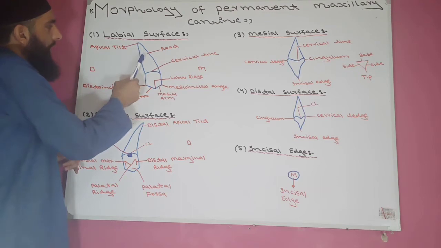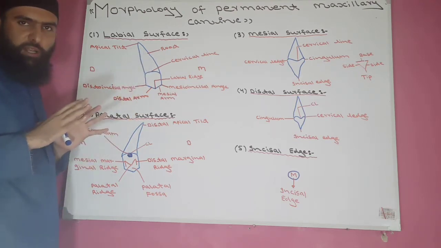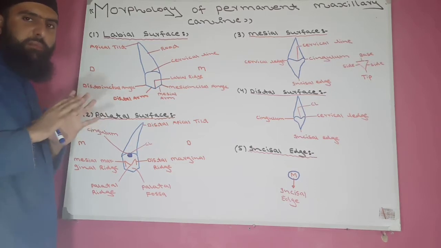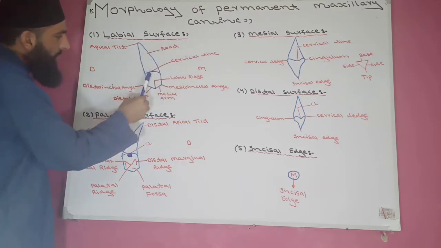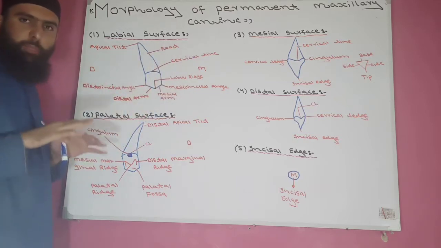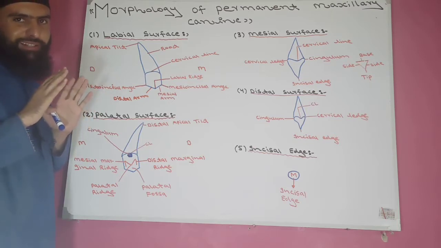Now, after the root, the structure which separates the root from the crown, the demarcation between root and crown, is the cervical line. Now come to the crown on the labial surface of the maxillary permanent canine.